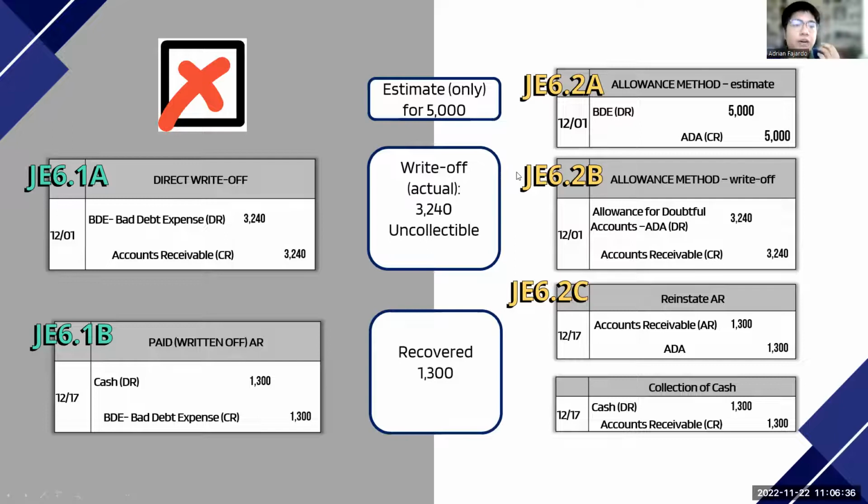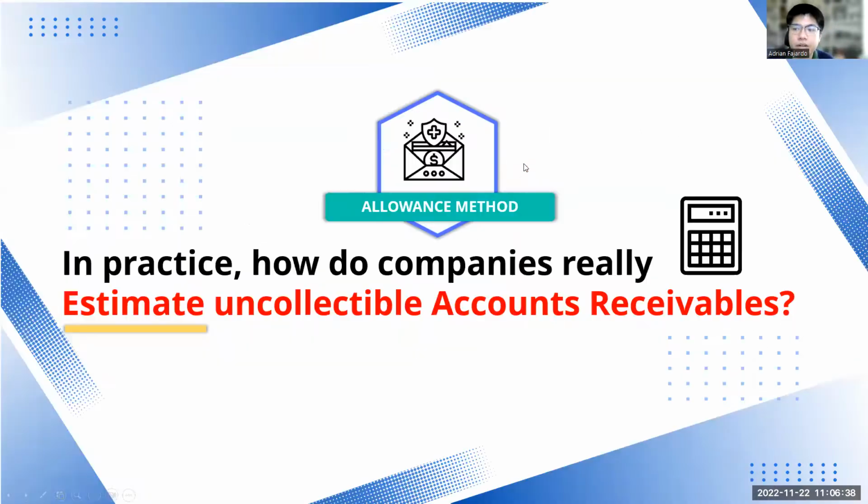So to just really complete the scenario, in practice, there are different ways for companies to estimate uncollectible accounts receivable. So in the scenario kanina, nag-list down lang tayo ng mga accounts na mukhang hindi mako-collect. Pero hindi ganon in the real world. Mahirap kasi as a company, you'll probably have 50 accounts, 50 ARs, 50 claims, more than.